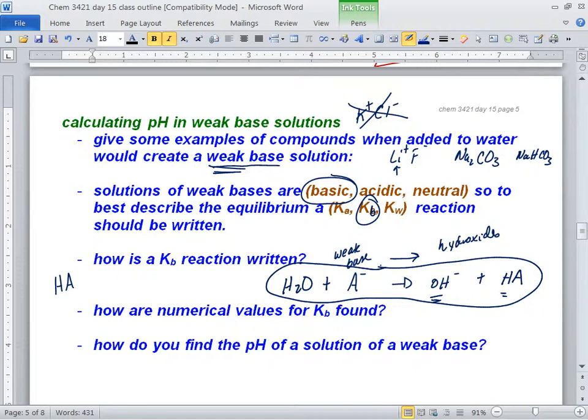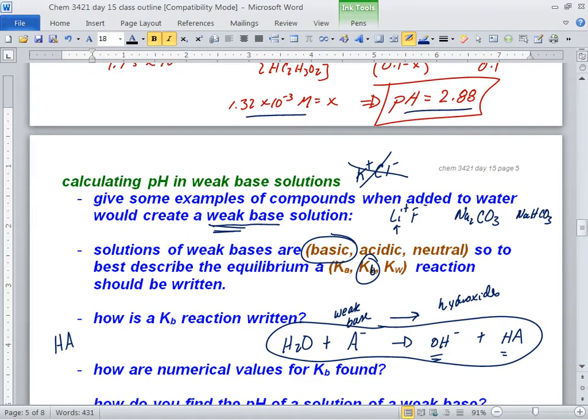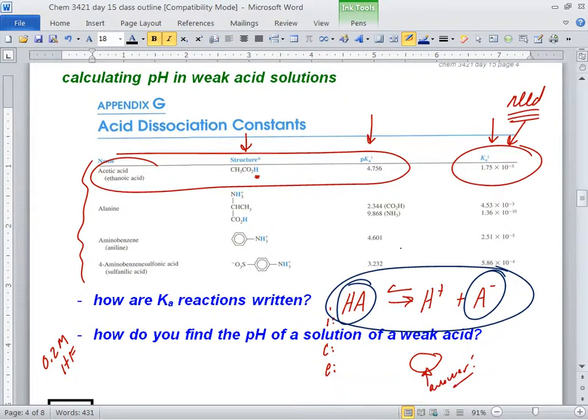How do we get numerical values for Kb? One way: for example, acetic acid is HC2H3O2, and here's its Ka. Kw is Ka times Kb.